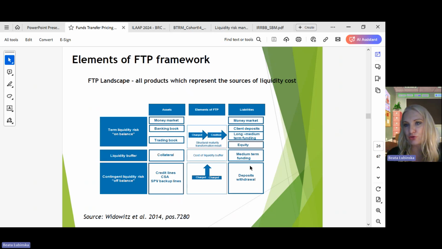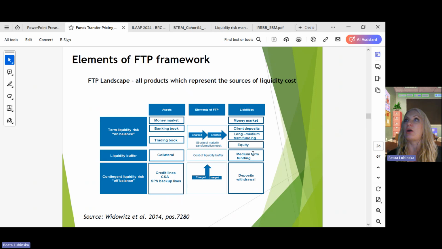So let's come back to the first slide where we were covering the elements of the FTP framework. We said methodologies. And in future sessions, I will show you exactly, for example, how to price NMDs, non-maturing deposits. It is quite complicated because we need to allocate both the liquidity component plus the base rate component, to allocate, not charge, but allocate.